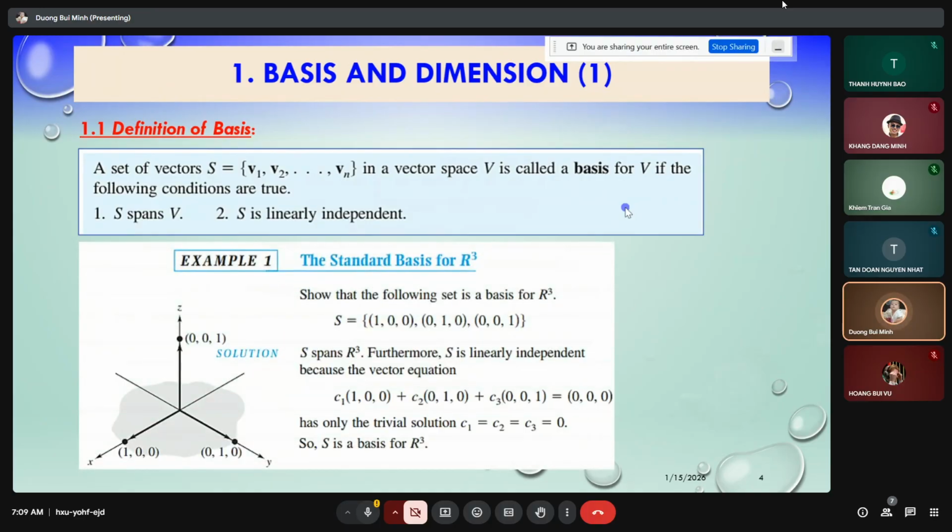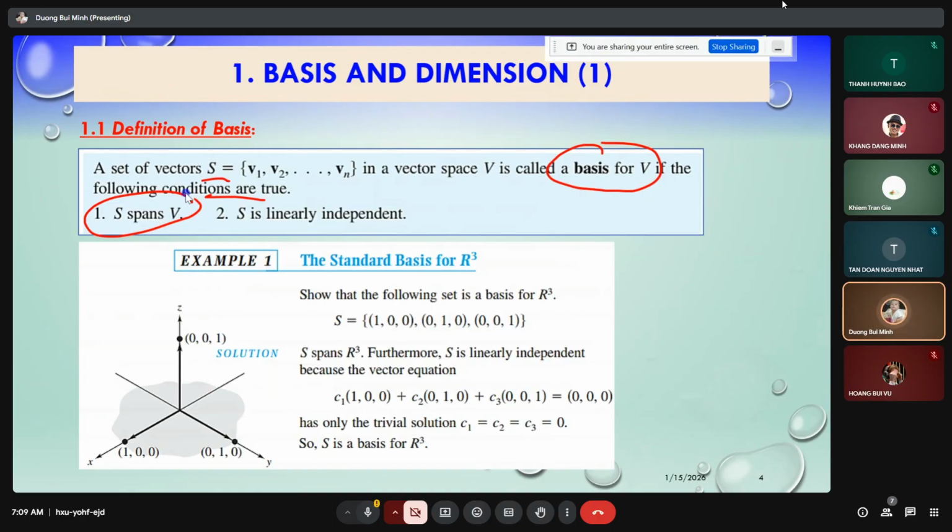So here we have the definition of a basis of a vector space. How can we know the basis of vector space V? Look, we have a set of vectors S in a vector space V. It is called a basis of V if the following conditions are true. We have 2 conditions. First of all, S spans V. That means we need to demonstrate S is a spanning set, right?